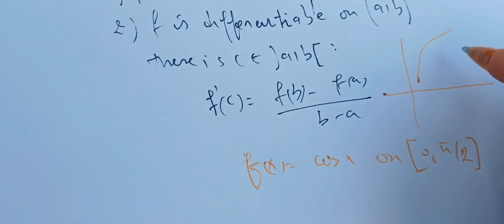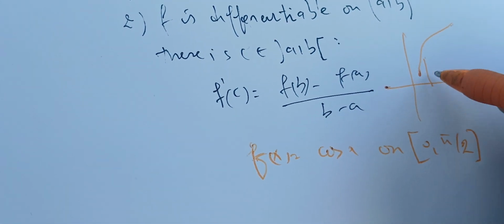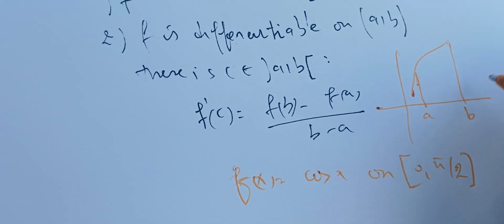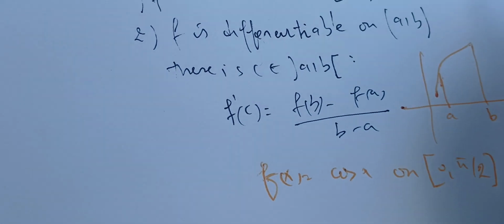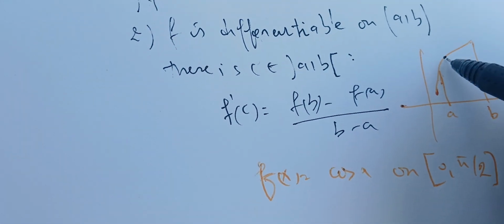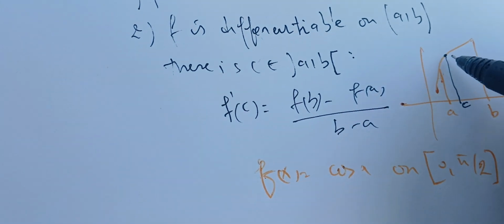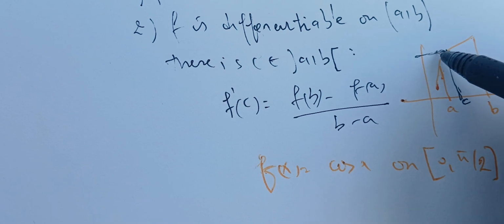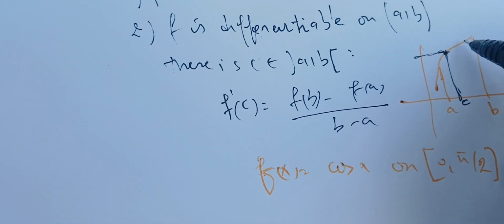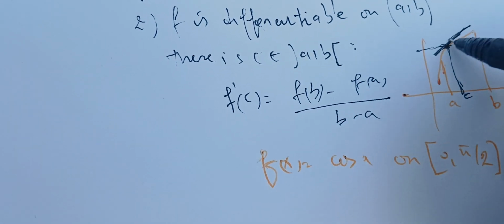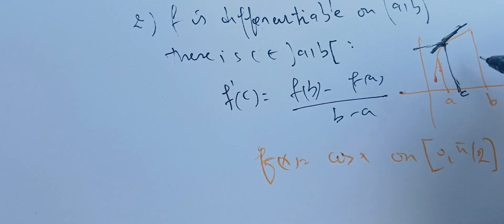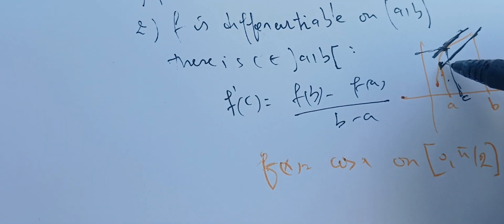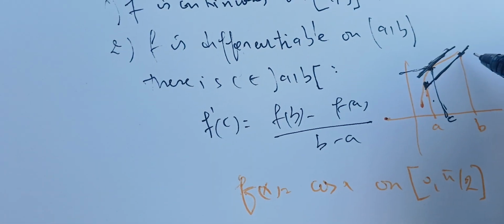Assume that we have some function, defined, continuous and differentiable on [a, b]. Then there is some c here on the graph such that f of c is part of the graph, but the derivative at c, f prime of c, has the same slope as the secant line going through (a, f of a) and (b, f of b).